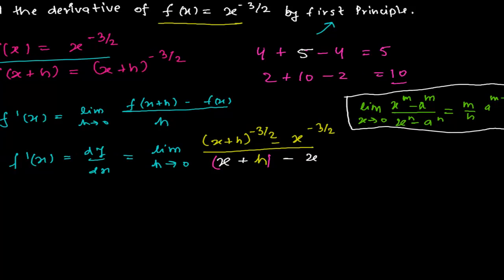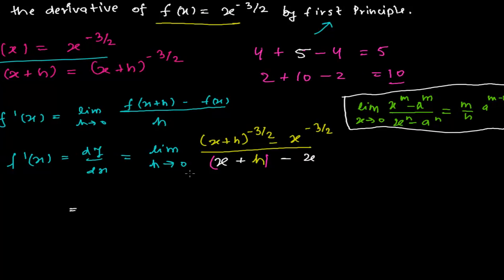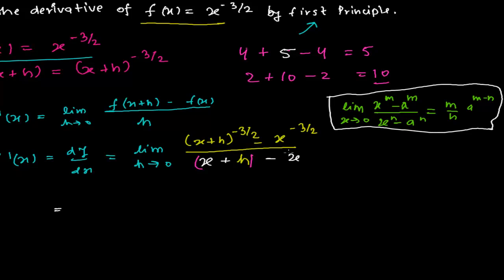So when I use this standard result, my derivative will be m by n. Here minus 3 by 2 will work as m. And here nothing is there, so 1 will work as n, because if there is nothing, it means power 1.